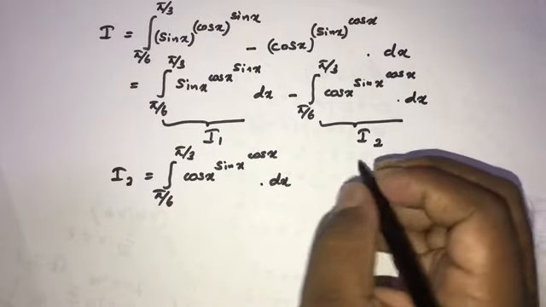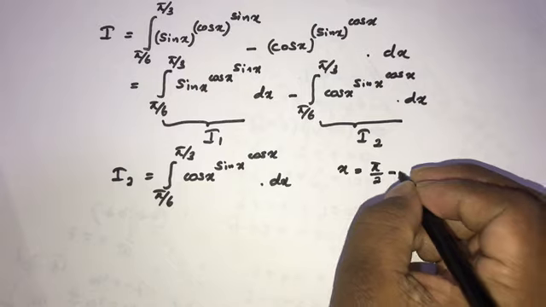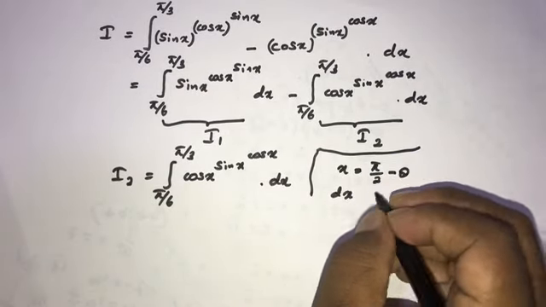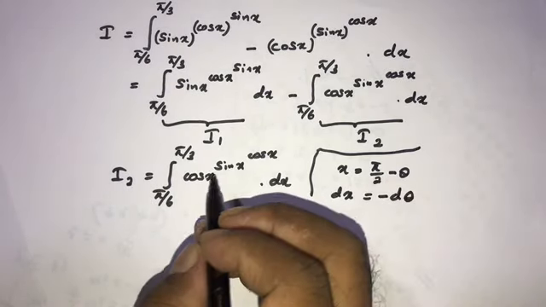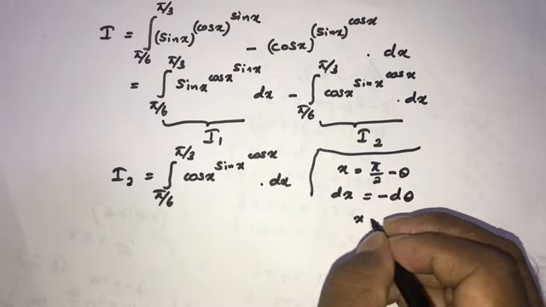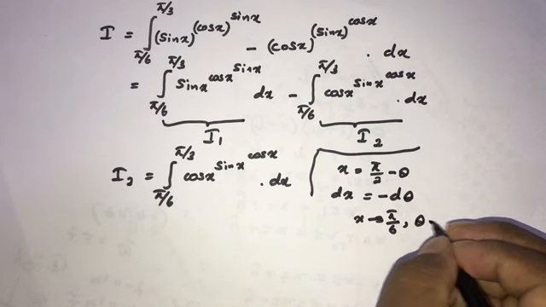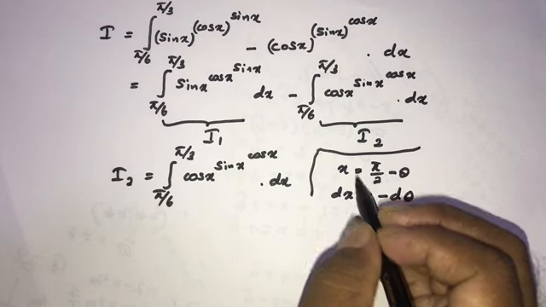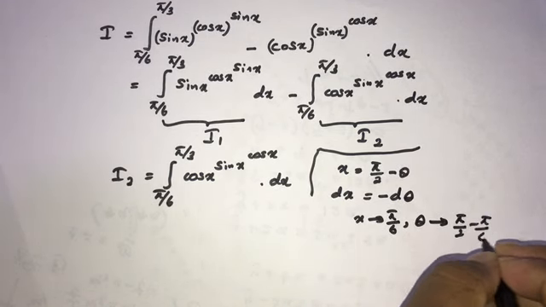So if we take x is equal to π/2 minus θ, now differentiate, so dx is equal to minus dθ. Now we want to consider the limits. So when x approaches π/6, θ approaches π/2 minus π/6.